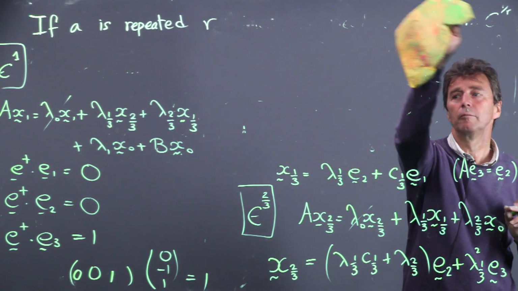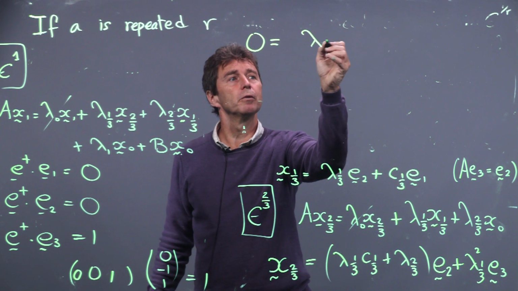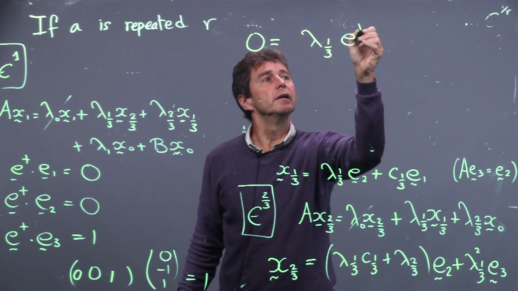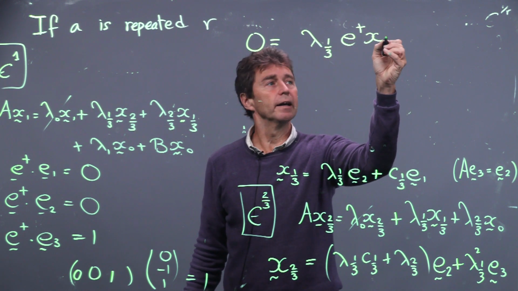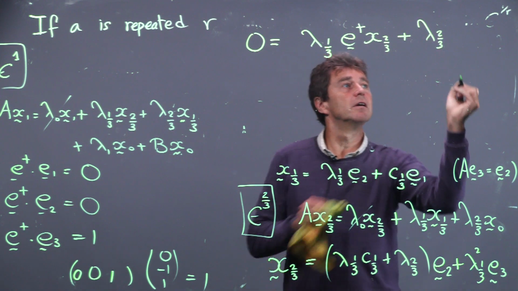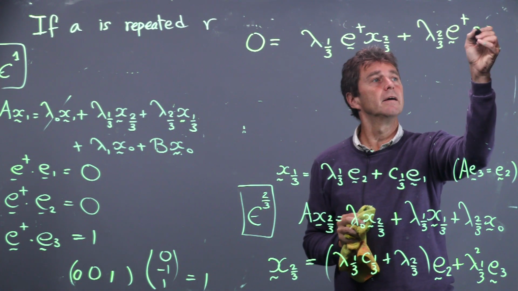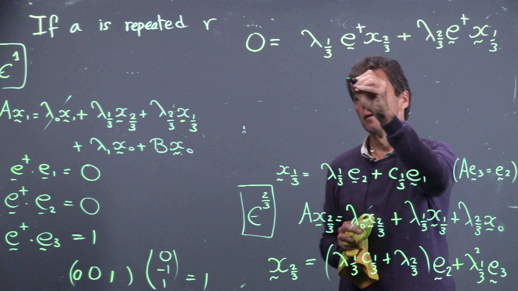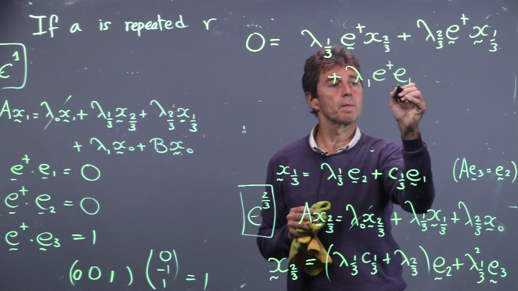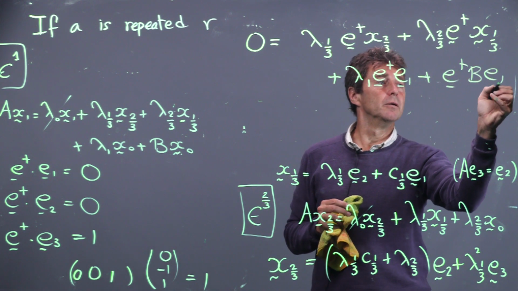Okay, almost there. So we get 0 equals lambda 1/2, lambda 1/3, E dagger and an X 2/3, plus lambda 2/3, E dagger X 1/3, plus lambda 1 E dagger, that's E1, plus E dagger B E1.